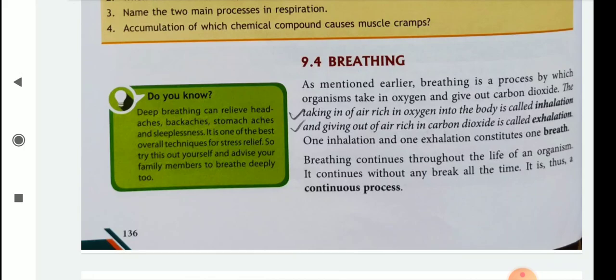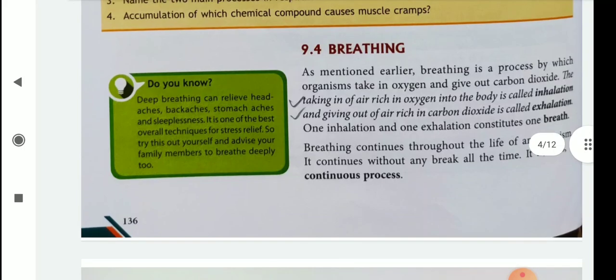So two terms are included in breathing: inhalation and exhalation. Okay, one inhalation and one exhalation constitute one breath. Breathing continues throughout the life of an organism. It continues without any break all the time. It is thus a continuous process.